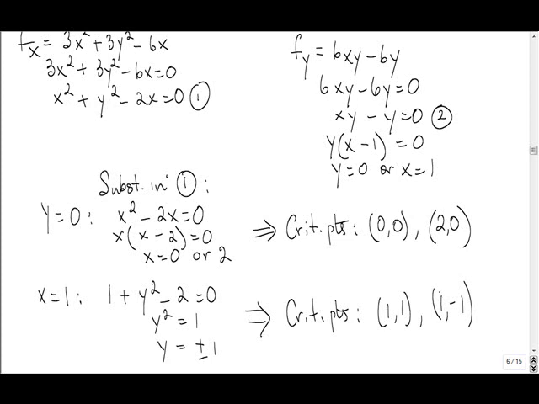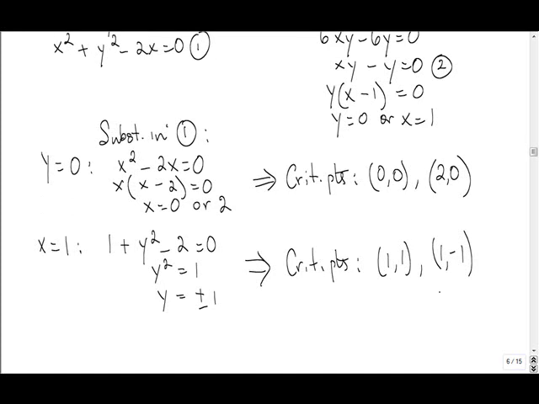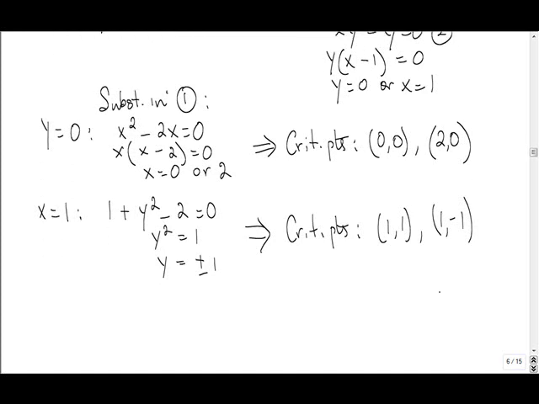Now let's find the second partials. One person give me fxx, please. Don't look at the reduced one. 6x minus 6. Good. fxy.